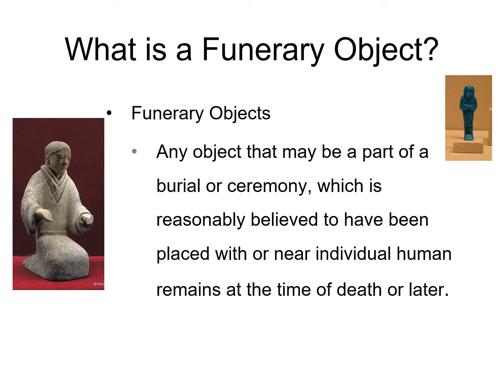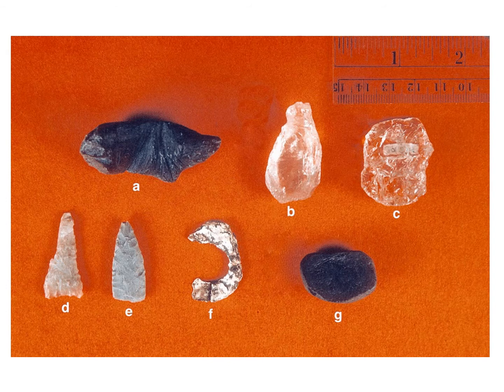So to give you a few more details, what is a funerary object? Funerary objects are any objects that may be part of a burial ceremony, which are reasonably believed to have been placed with or near an individual's human remains at the time of death or later. In some cases, they don't necessarily need to be these large golden sarcophagi masks that we find in Egypt, or these large jade pendants that we find in Mesoamerica and in Southeast Asia.